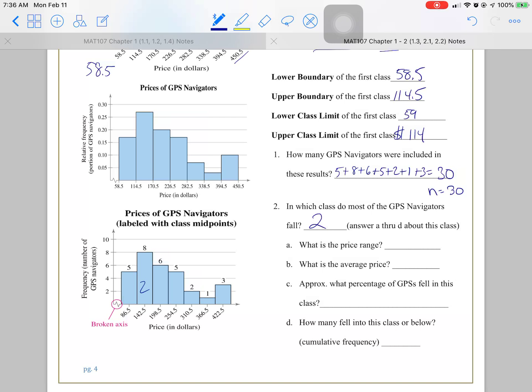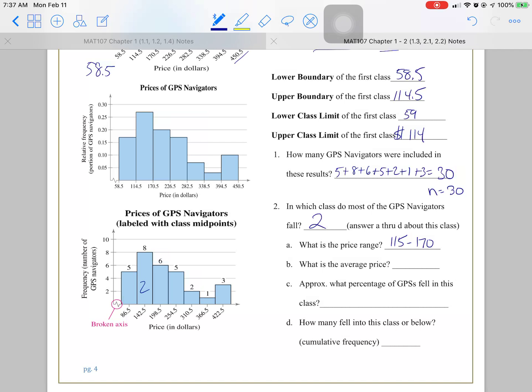The boundary is 114.5, so that's inside the bucket would be 115. And below the upper boundary would be 170. So the price range is from 115 to 170.